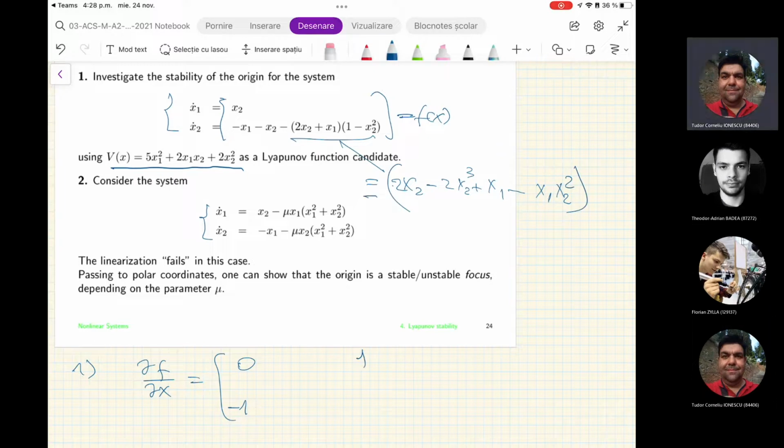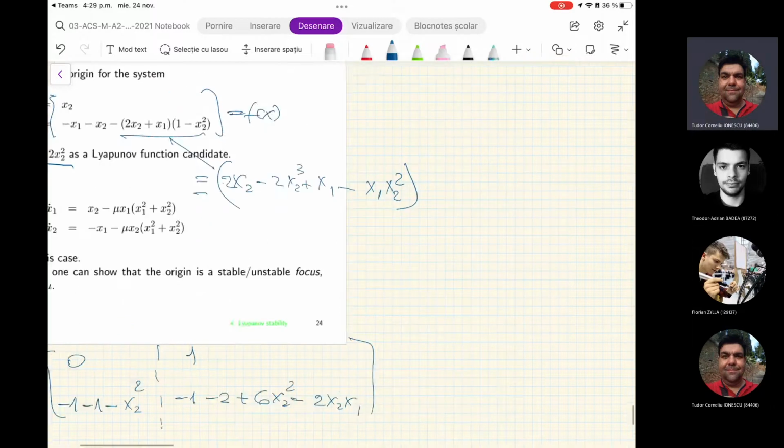So it's minus 1 minus 1 minus x2 squared, and then df2/dx2: minus 1, minus 2 plus 6x2 squared minus 2x2x1.